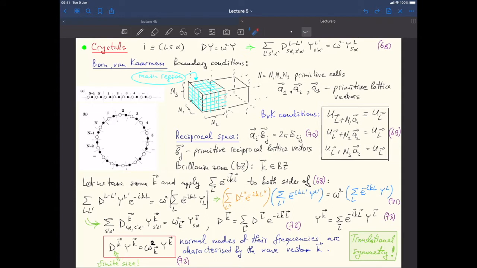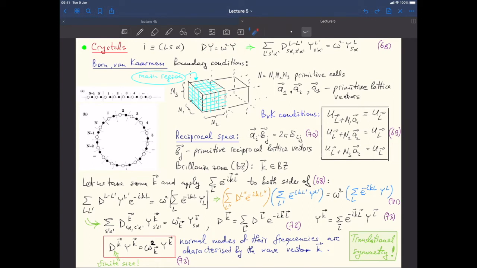And the consideration we have given for the vibrations before was rather general. It applies to any type of system. So, given the dynamical matrix D of our crystal, we'll have to solve this eigenvector eigenvalue problem to determine vibrations of a crystal.